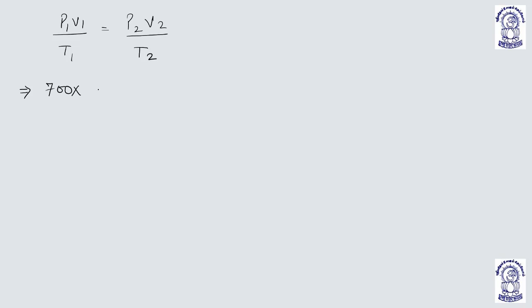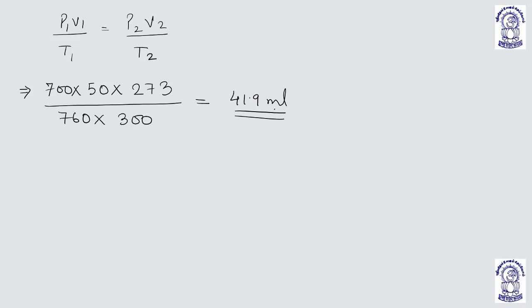V1 is given 50. T2 is 273, P2 is 760, T1 is 300. So it comes around 41.9 ml after solving. This is the volume of the nitrogen gas at STP.